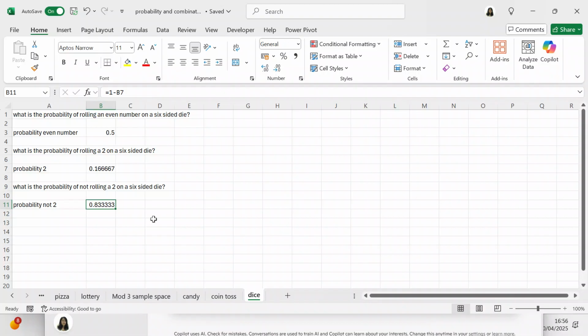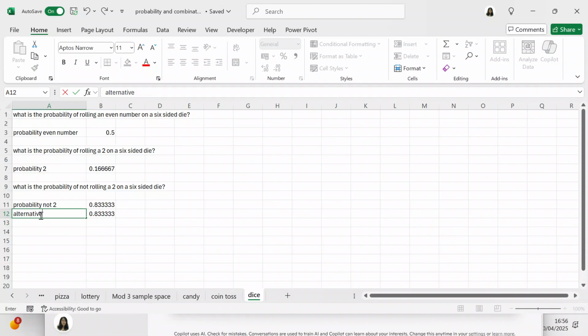And we'll just say alternative method. But I think the way they want you to do it is going to be 1 minus B7.